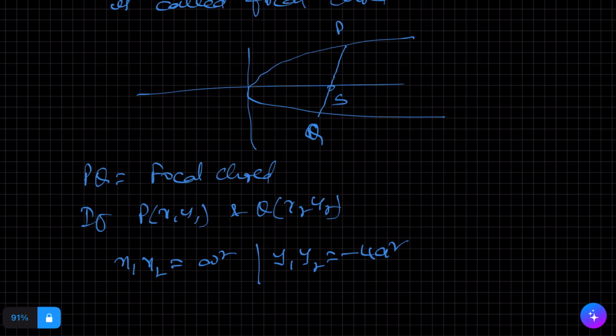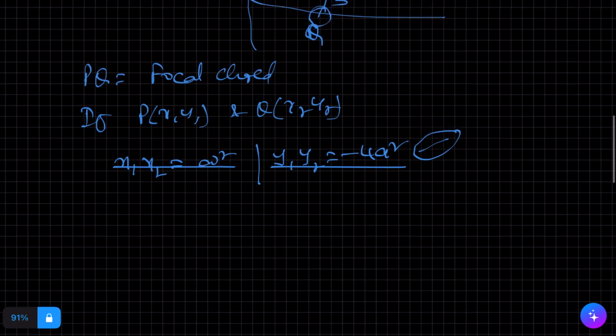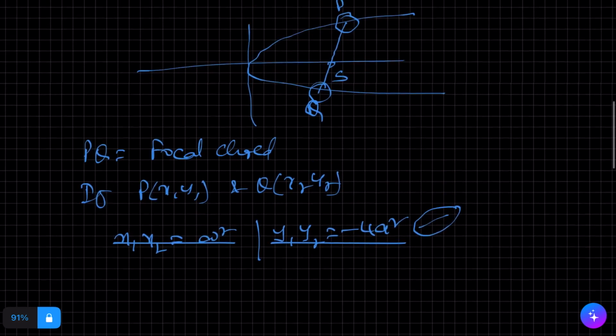If (x1, y1) and (x2, y2) are the endpoints of the focal chord, then I can use the condition x1 times x2 equal to a square, y1 times y2 equal to minus 4a square. I'll be using these conditions to get the second point of the focal chord.